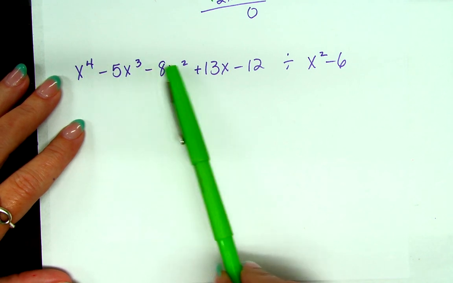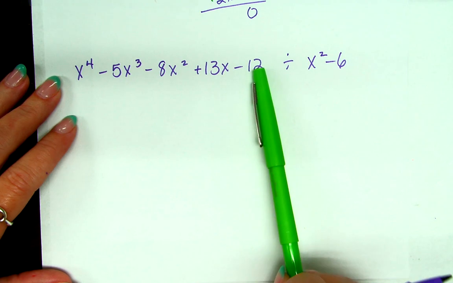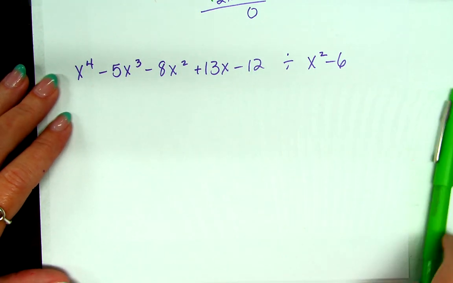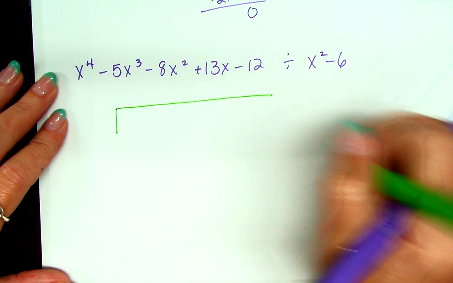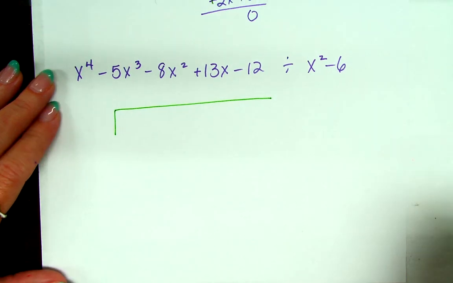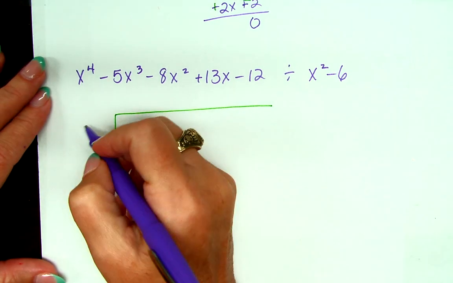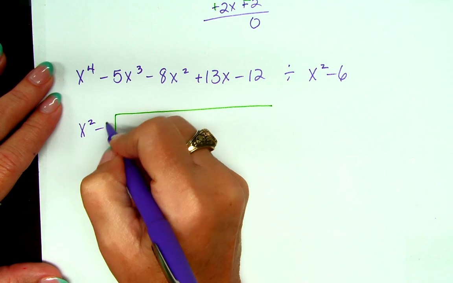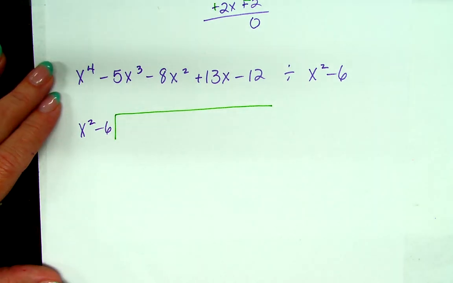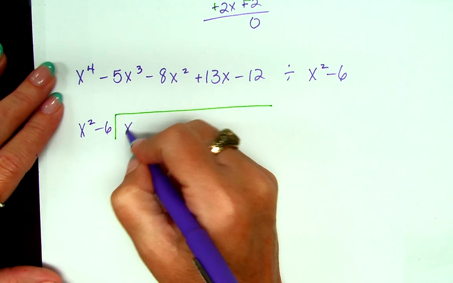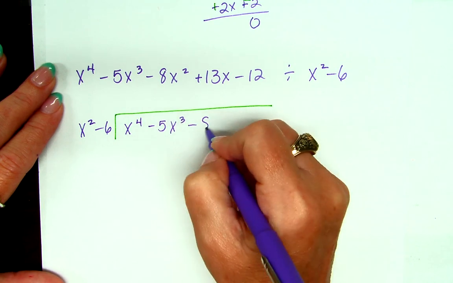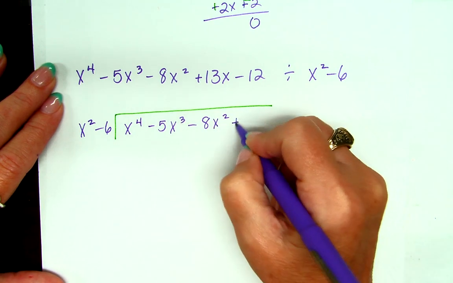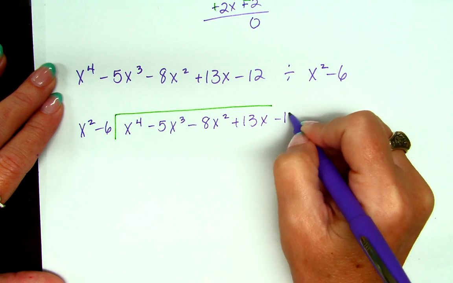Is there a 3? Is there a 2? Is there a 1? Is there a constant? So do I need to add any terms this time? No. Okay. So did I just waste my time thinking about that? Absolutely not. That's making sure that we're prepared before we even start the problem. So x squared minus 6 goes on the outside. X to the 4th minus 5x to the 3rd minus 8x squared plus 13x minus 12.